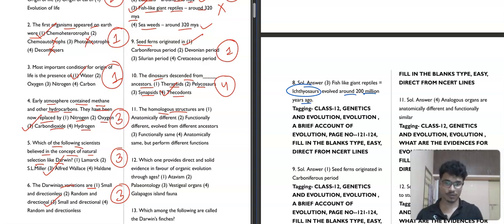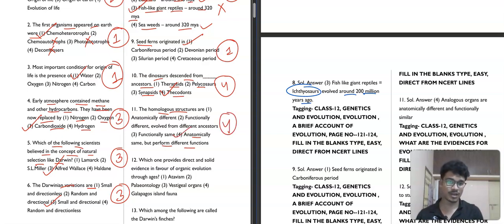Functionally same, no. Anatomically same, but perform different functions. Yes, it is correct. So homologous structures are anatomically the same, look the same, but they perform different functions. Some is our hand, suppose like this, we can just compare. So they have different functions, but the origin is the same, like anatomically same. Okay, so fourth option will be our correct answer for this question.